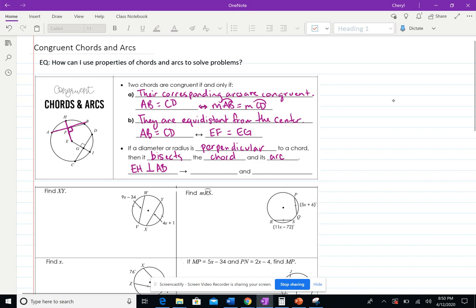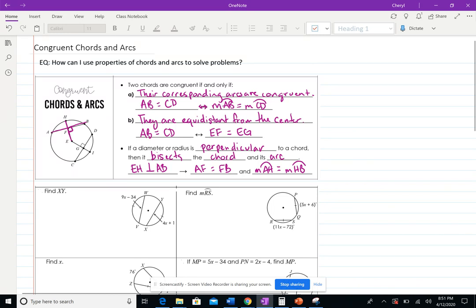So we can say that segment AF is equal to segment FB. And we can also say the measure of arc AH is equal to the measure of arc HB.